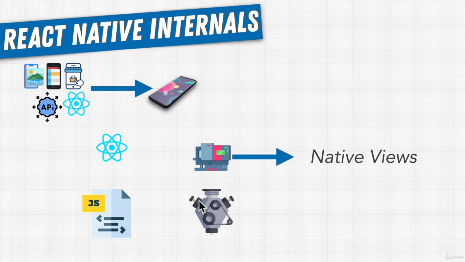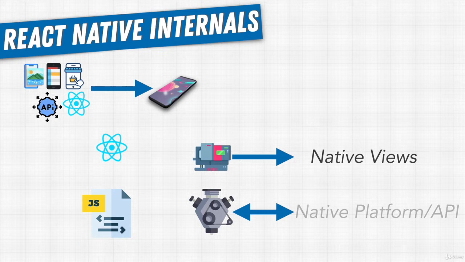It's a JavaScript engine that actually powers the Safari browser. So with React Native, the JavaScript Core engine is used to read this logic, and then this JavaScript virtual machine communicates with the phone, with the native platform and API to tell it what to do, what actions to perform.